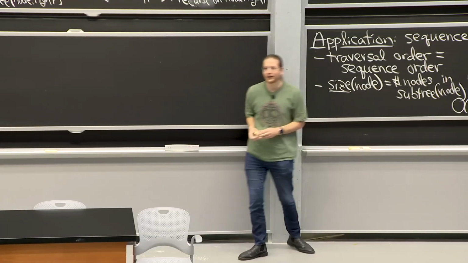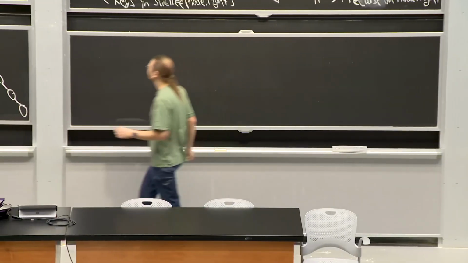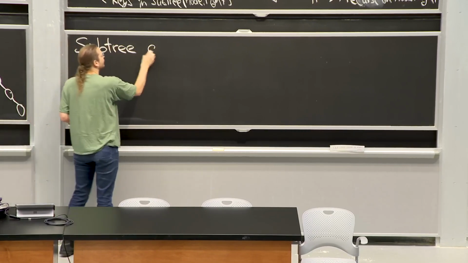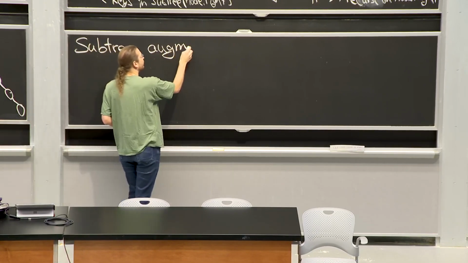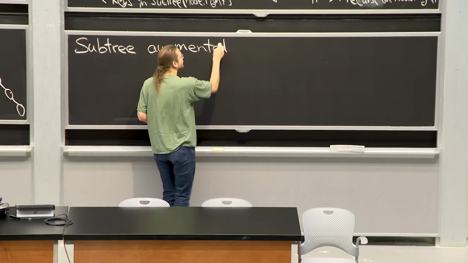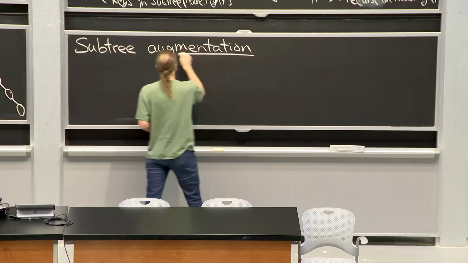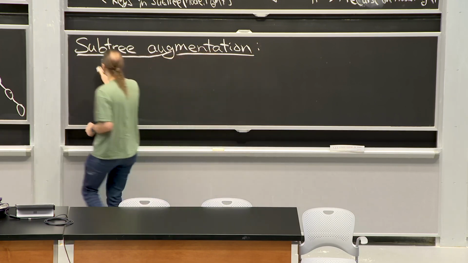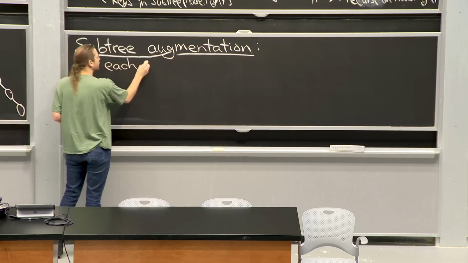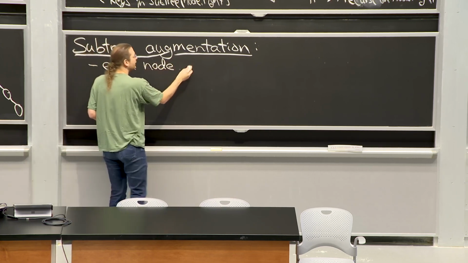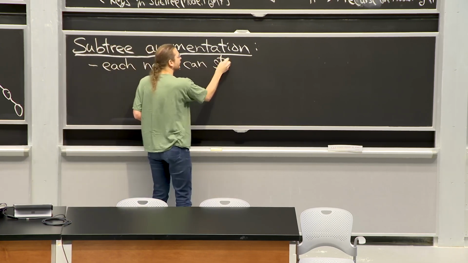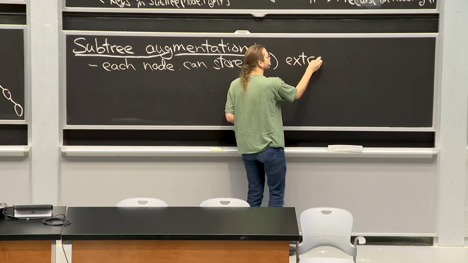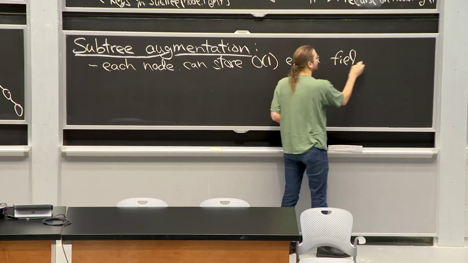It's really quite awesome. But for it to work, we need something called subtree augmentation, which I'll talk about generally, and then we'll apply it to size. So the idea with subtree augmentation is that each node in our binary tree can store a constant number of extra fields. Why not?